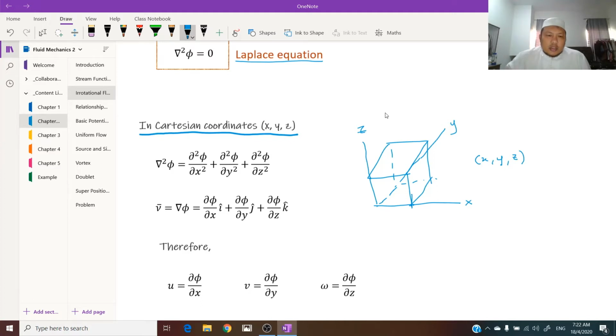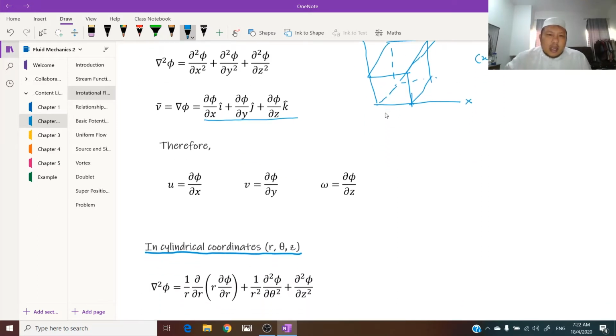If V equals this, we can write it in vector form, where ijk is represented: V equals u i plus v j plus w k, which we have already seen in chapter 1. Therefore u equals del phi over del x, v equals del phi over del y, and w equals del phi over del z.